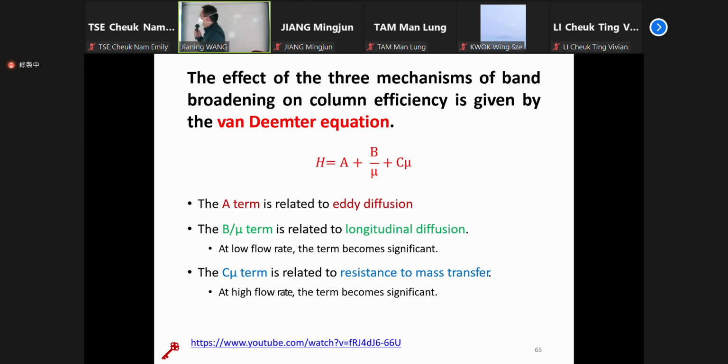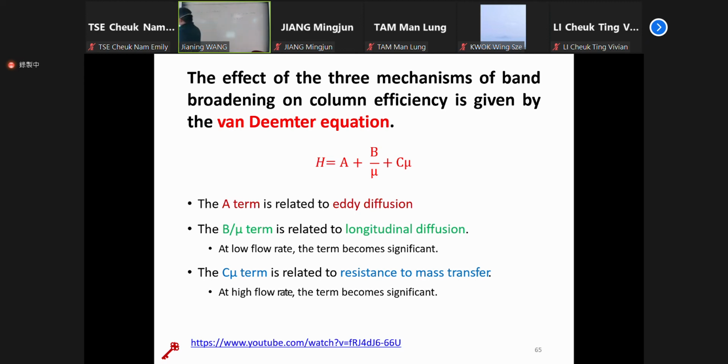So why do we consider the flow rate of the mobile phase? In term B, time and temperature contribute to affect term B, but usually we cannot change temperature. So what we should do is consider the flow rate.